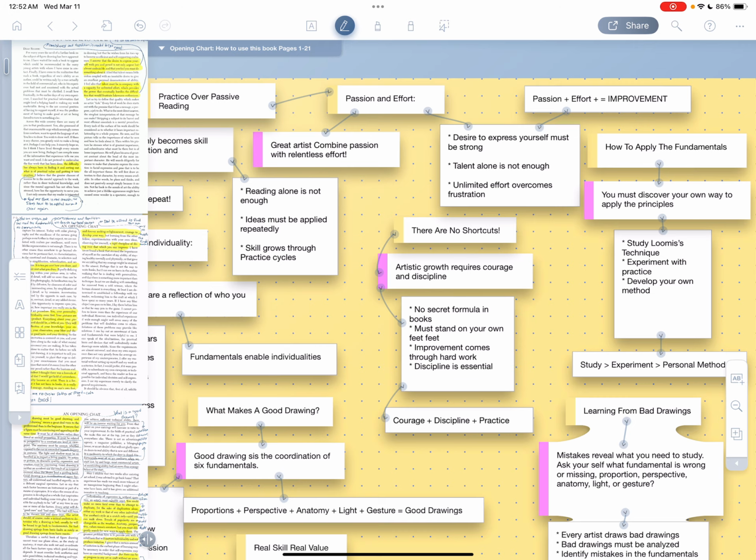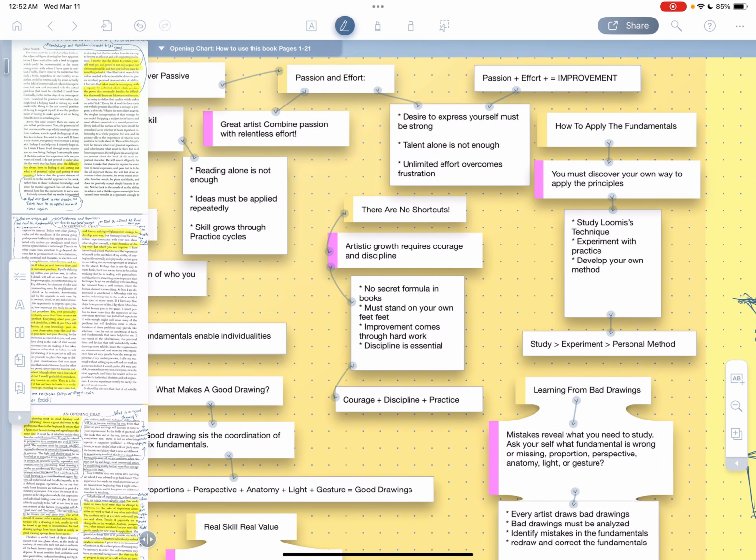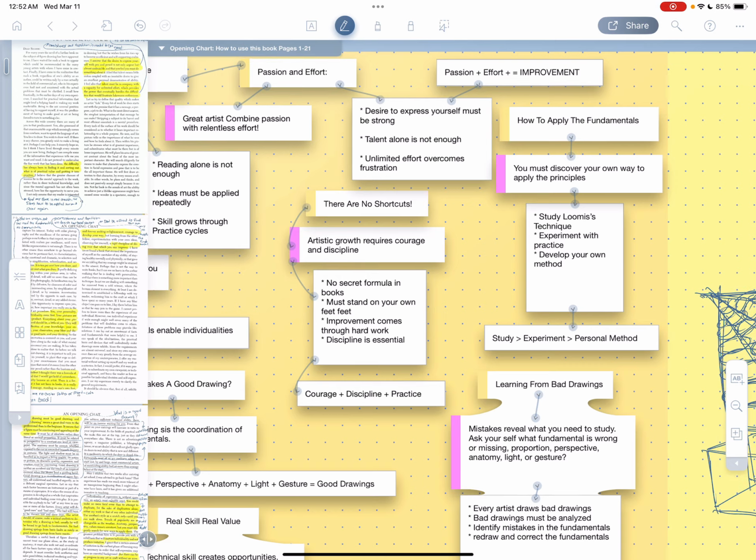Over here, I have passion and effort. The key idea is the greatest artists combine passion with relentless effort. They put in a lot of work to get good, and that's what Andrew Loomis is telling you, that desire to express yourself must be strong. Talent alone is not enough.